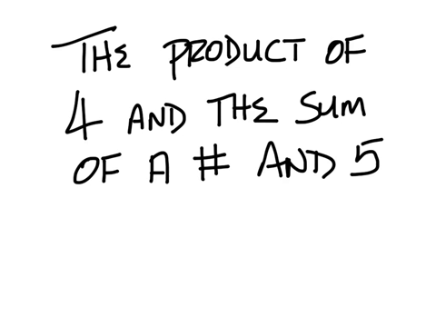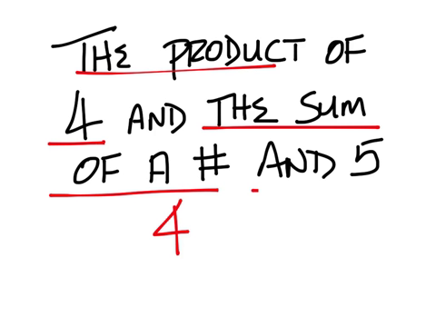Alright, here's an example. The product of 4 and the sum of a number and 5. Where do I start with this? The product implies what? Multiplication. So the product of 4, the 4 would go first, and the sum of a number and 5. How do I represent the sum of a number and 5?